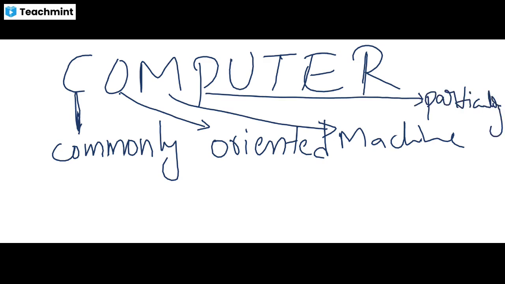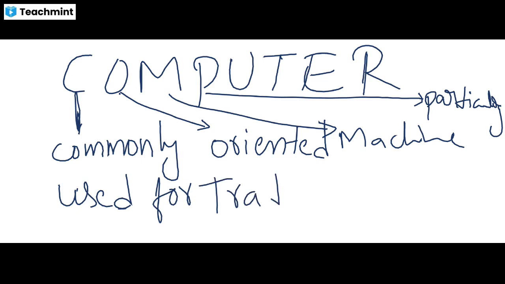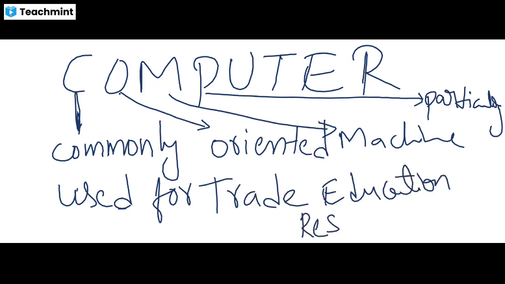U means used. Particularly used for. T means trade. E means education. And R means research. It is the full form of the word computer.